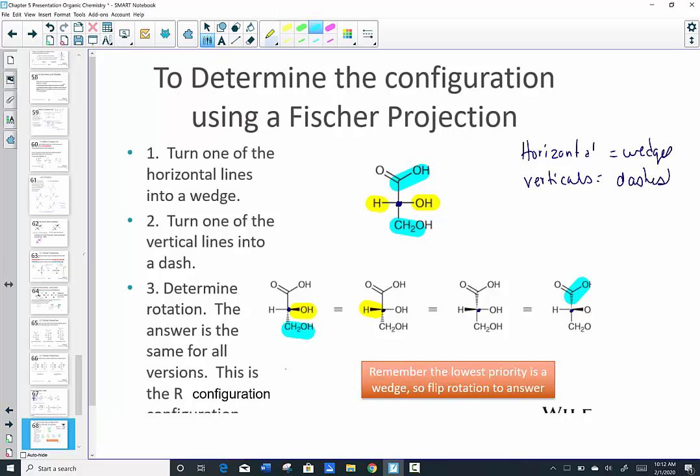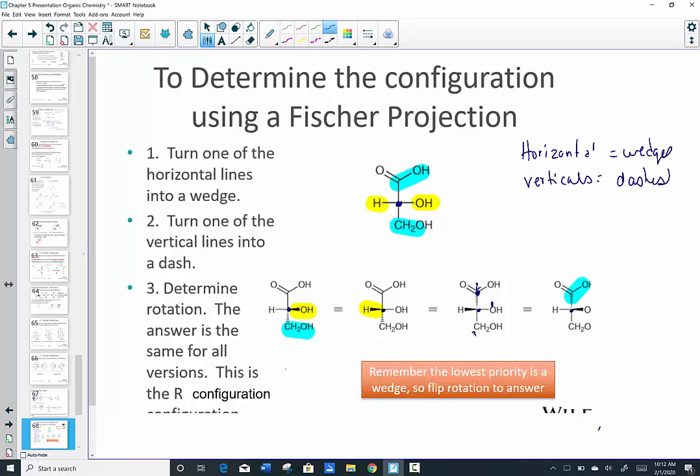Alrighty? So then we just assign priorities, just as we've always done. But what's interesting, let's kind of go through. Here's a carbon attached to lots of oxygen. Priority 1, of course, is going to be the carbon directly attached to OH. Priority 2 would be the carbon attached to the most oxygen.